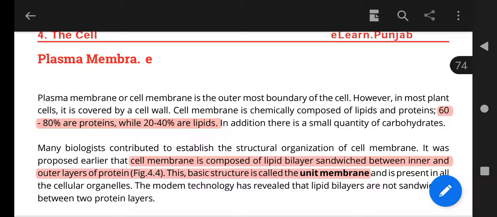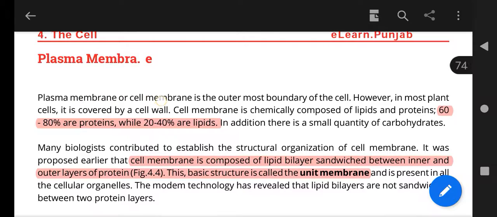Permeable means it permits only few substances to pass through it, and it involves many different functions like exocytosis, endocytosis, phagocytosis, pinocytosis, and many more. So let's start with the reading of the composition of plasma membrane and its two models first, and then we will discuss in detail the functions of plasma membrane, which is a very important long question that is asked in exams. So let's start with the reading.